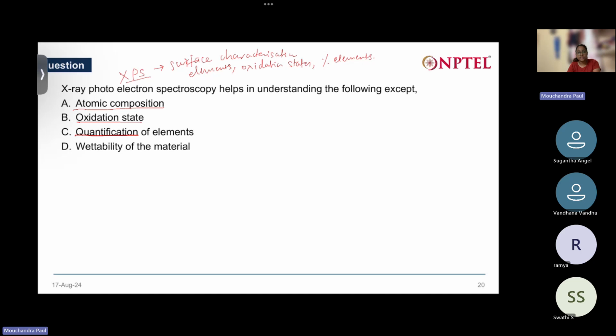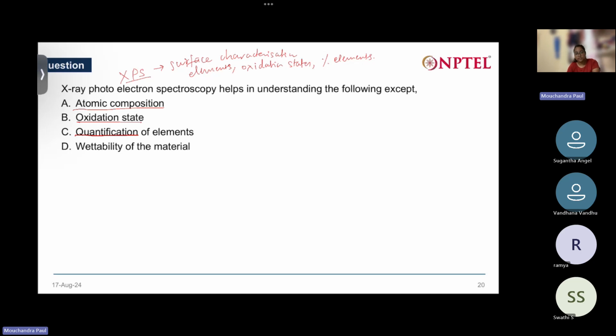So atomic composition, you can tell what all atoms or elements are there in your surface. Then at which oxidation state it is, carbon 2 plus, 4 plus, you can quantify that oxidation state as well. Then also you can quantify the percentage of the carbon in that particular oxidation state.